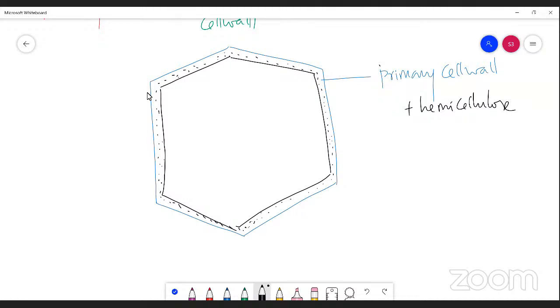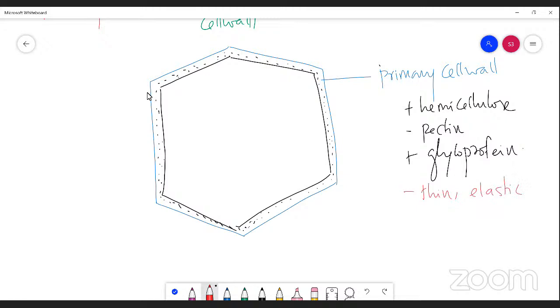The second layer is pectin, and the third one is glycoprotein. So the primary cell wall is the outermost layer of the cell, and generally it is thin in nature. It is very thin and elastic, that means expandable in nature. That's the nature of the primary wall.